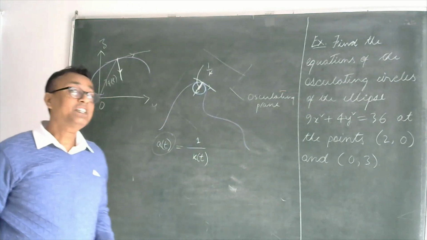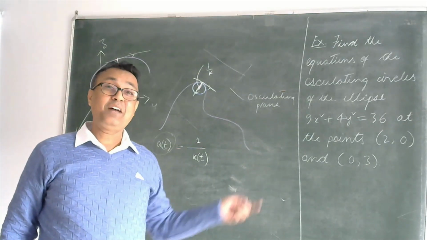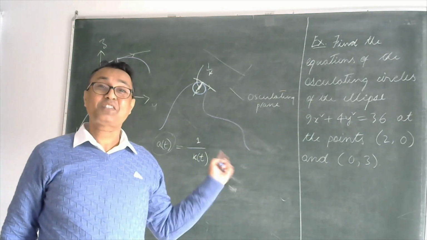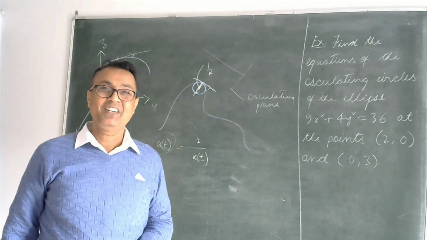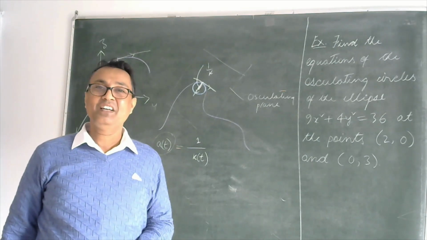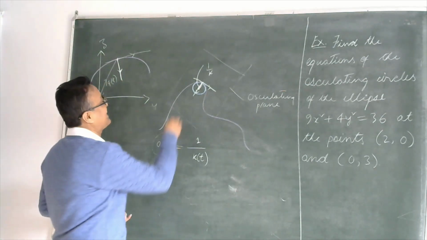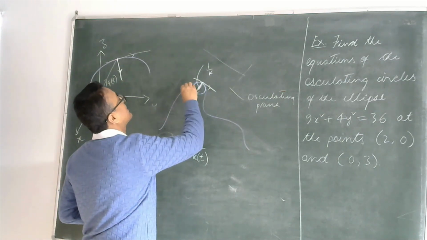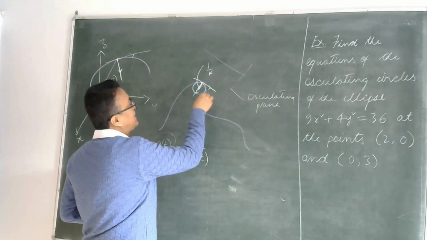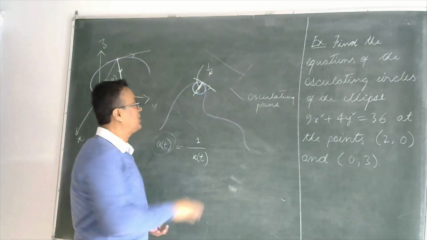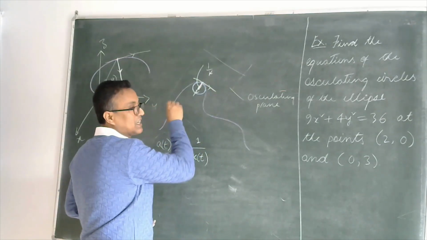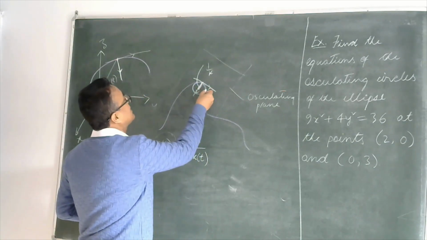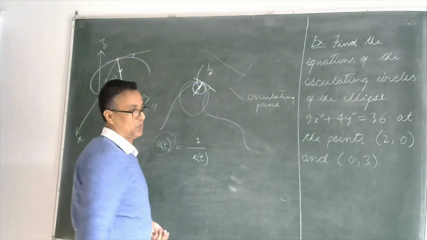That is why, when the curvature is kappa, the radius of curvature is 1 by kappa. Is it okay with everybody? Fine. And again, you shouldn't think that this circle is going to be small. This circle is not necessarily included inside this portion. Depending upon the curve under consideration, this circle may be something like this also.